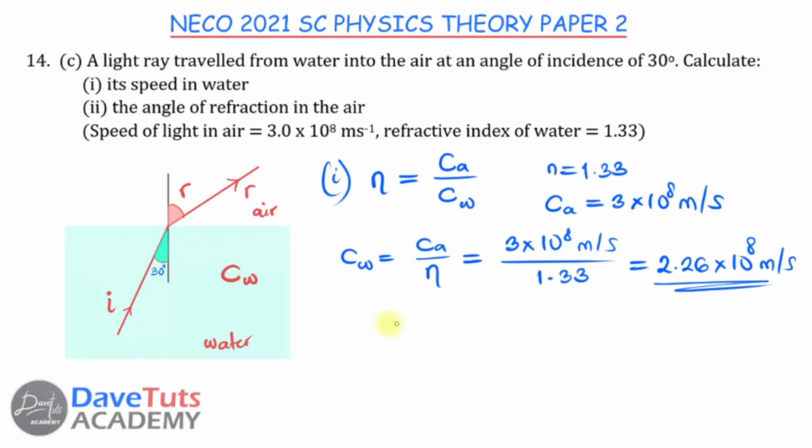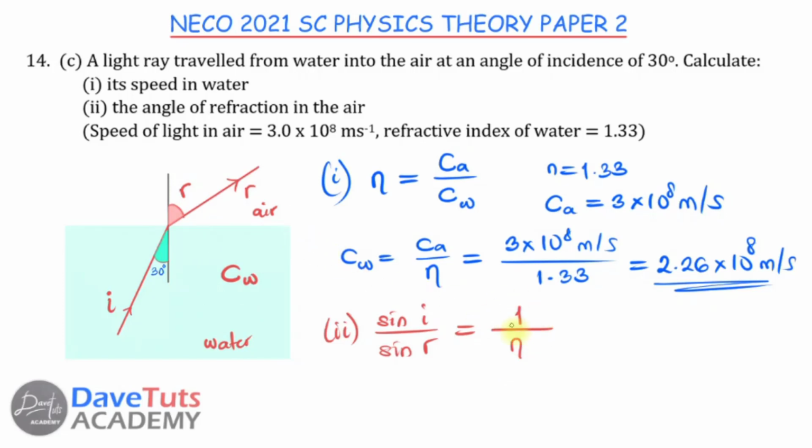In the second case, we are going to look for the angle of refraction in the air. So we can make use of sine I over sine R. But now sine I over sine R will have to be the refractive index in the air, which is generally unitary, over the refractive index in water. We are doing it like this because we are moving from water to air.